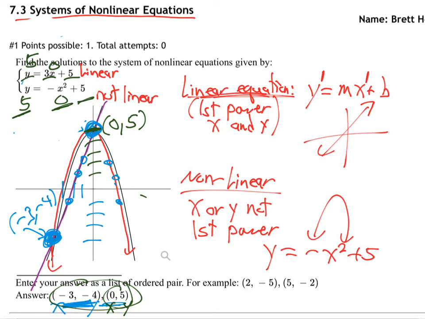In 7.2, we solved three equations that had three letters, x, y, and z, that were all linear. They were all x, y, and z to the first power. That was three-dimensional, so those actually represented three planes that intersected. But now we're back to two-dimensional, x and y only, but one of them is not linear, 7.3, non-linear. One of them is not a straight line, one of them's curved.